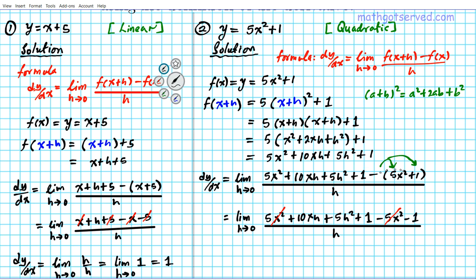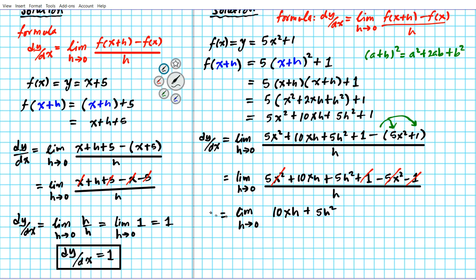Okay, because minus 1 divided, negative divided to positive 1 is just negative 1. All right, so positive 1 and negative 1 take each other out. Those two are gone. No other cancellation action happening. Okay, so we'll bring down what we have. We're now going to have the limit as h approaches 0 of 10xh plus 5h squared divided by h.